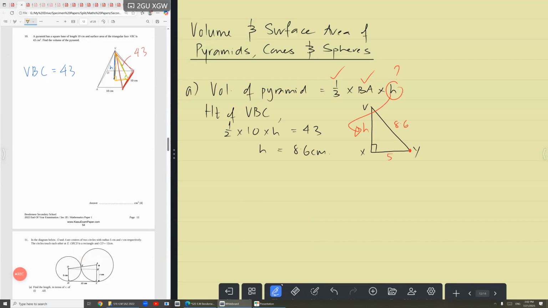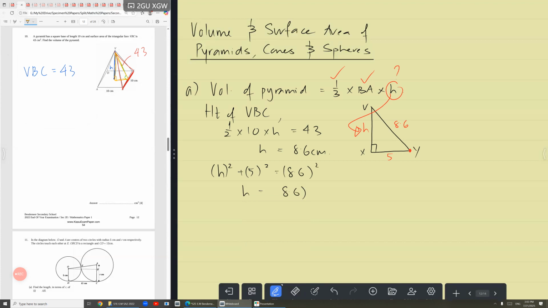Again, this triangle VXY is a right-angled triangle because it is a right pyramid. So to find h, we apply Pythagoras theorem. h squared plus 5 squared equals 8.6 squared.